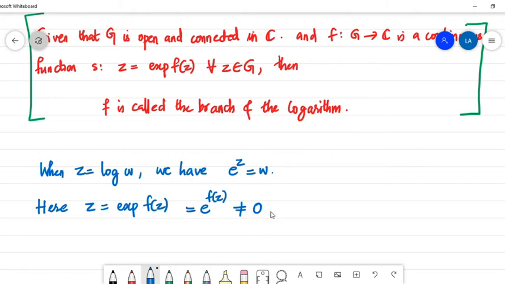That will definitely mean that 0 can never be in G, because e raised to f of z is equal to z, right? From where does this z come from? The z is coming from G. So you cannot expect that 0 is in G. 0 is necessarily not in G.